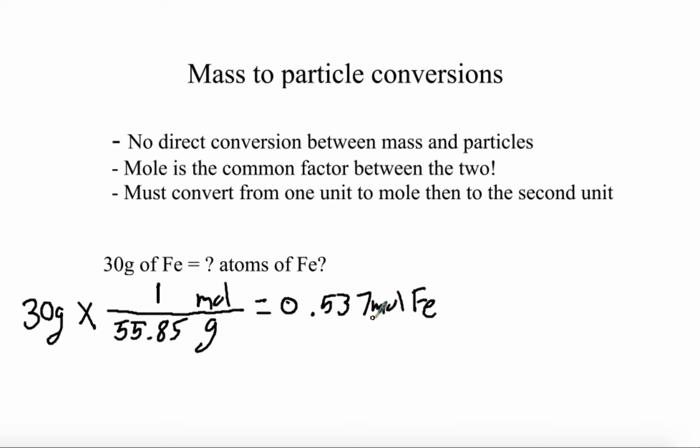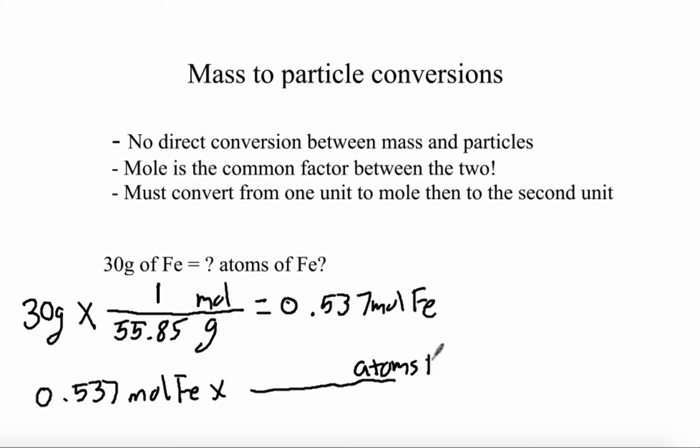Now that we have moles of iron, we can find atoms of iron. So 0.537 moles of iron times, now we want atoms of iron, and I have moles now. So you can see the moles in a different location on my fraction because we're transitioning from what we want to what we have. We have moles, we want atoms. We need to find out what relates moles and atoms together.